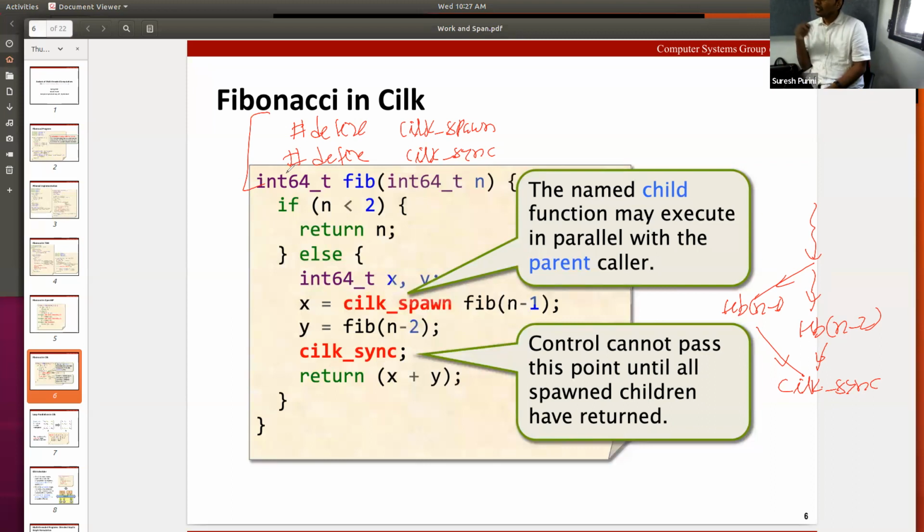Cilk handles nested parallelism well, and it has what is called a work stealing scheduler, which maps these computations to the available threads on the system so that the computations happen efficiently in parallel.